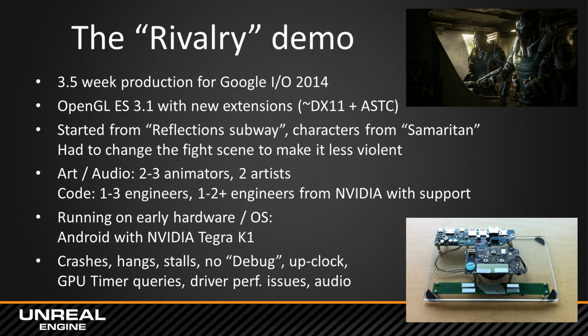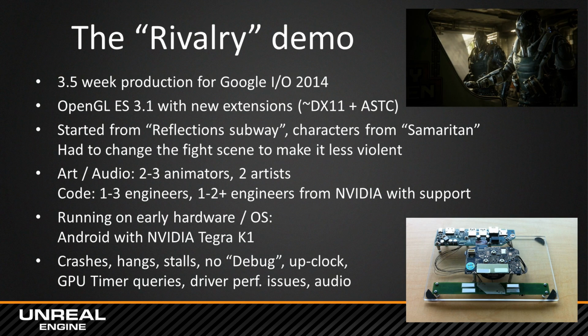This demo, the Rivalry demo, had a very short production time, and we reused some assets. It was only 3.5 weeks roughly, and we showed it on stage at Google I/O 2014. It uses OpenGL ES 3.1, which is still a mobile OpenGL, but it has all the capabilities that you're used to from the high-end PC market.